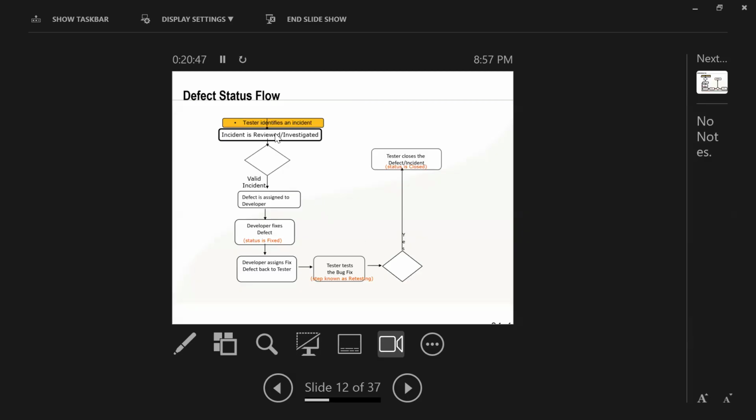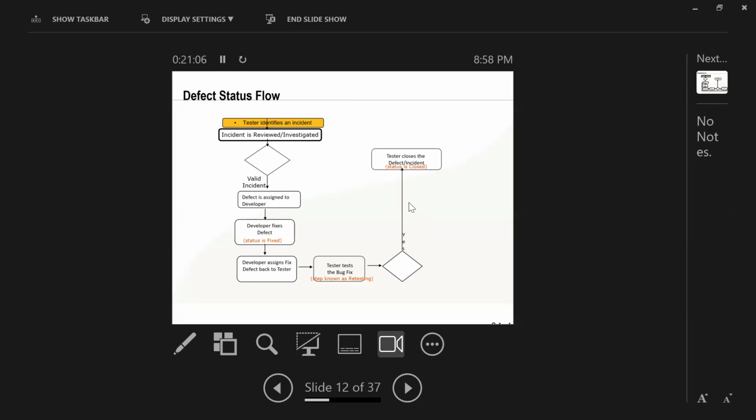This is the process. When we find an issue, we review, investigate, raise the defect and assign it to the developer. Once they agree it is a defect, they will fix it and assign it to the tester for retesting.